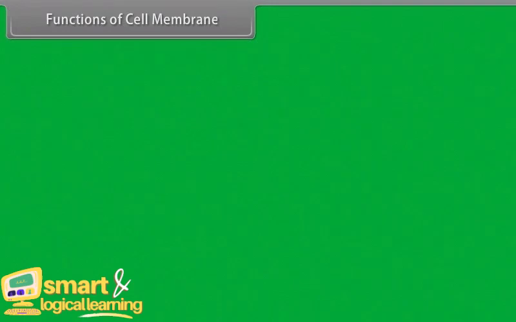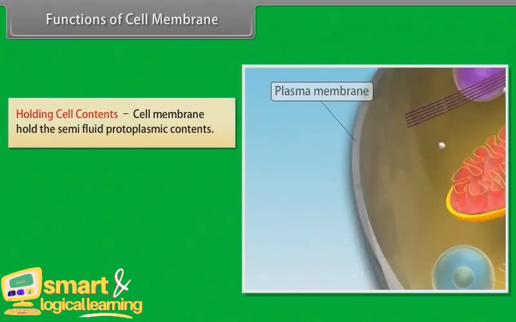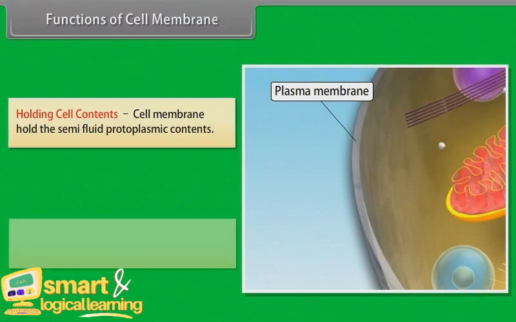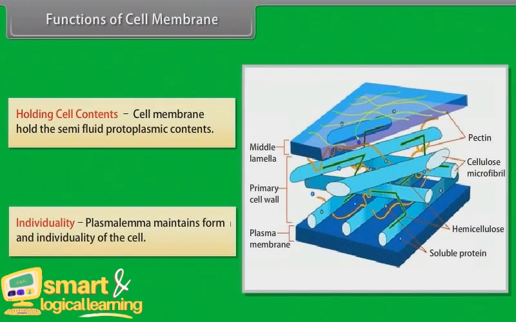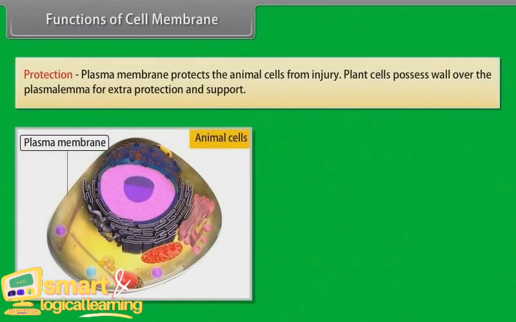Functions of cell membrane. Holding cell contents. Cell membrane holds the semi-fluid protoplasmic contents. Individuality. Plasma membrane maintains form and individuality of the cell. Protection. Plasma membrane protects the animal cells from injury.